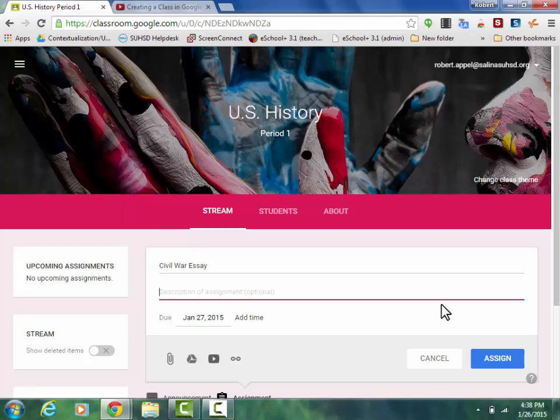This is optional, by the way, but it's always good to add clarifying information, I think, if appropriate. So I'll write "See attached document" and the directions.